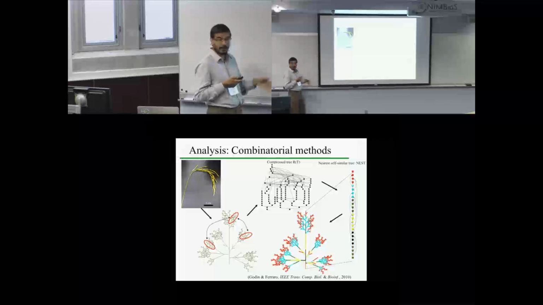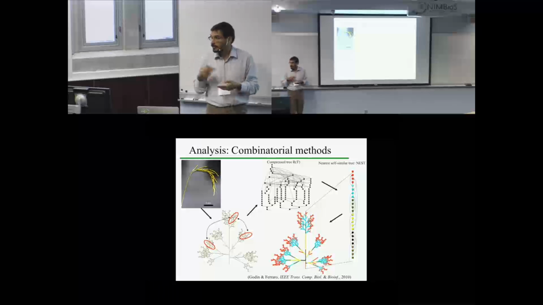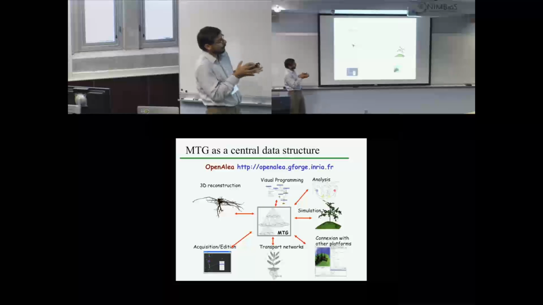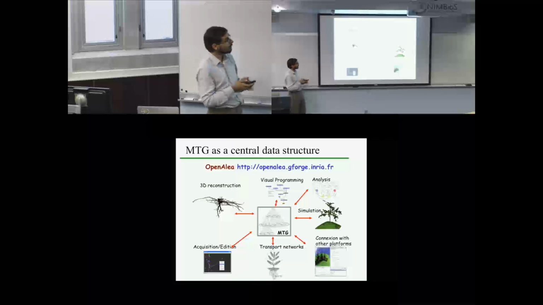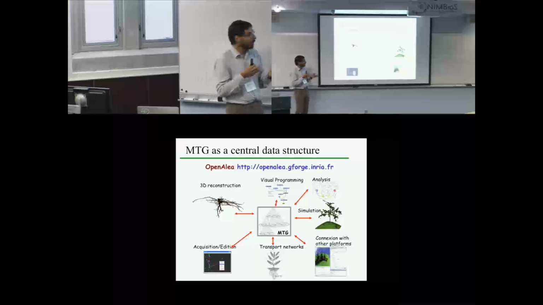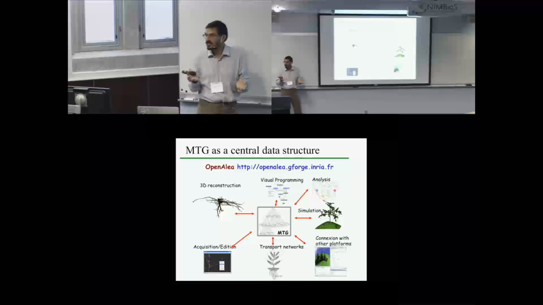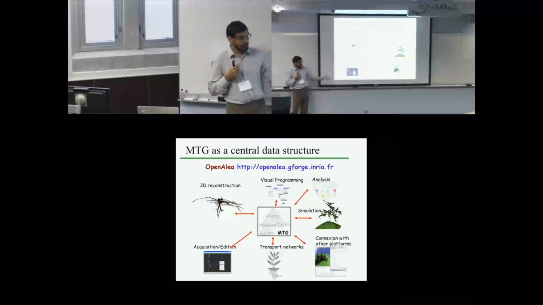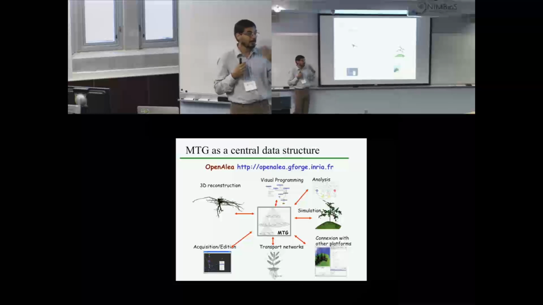There are also stochastic models with Markov chains, hidden Markov chains on sequence entries. And the point is that we also need formalisms to exchange data between models. So in functional structural models, a challenge in the community is how to share simulation models with transfer models, with light interception models, to compare models between them.